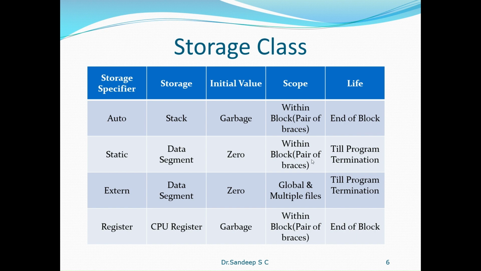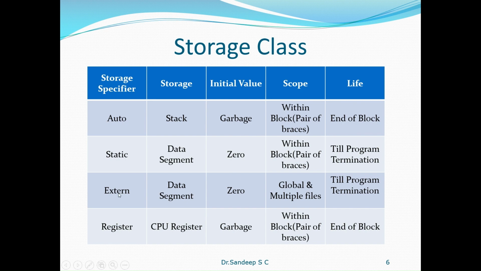So in such cases, we will be using static variables. It can be accessed only within the block, not outside that function. But the memory allocated to that variable will still be retained even after completion of the function execution.